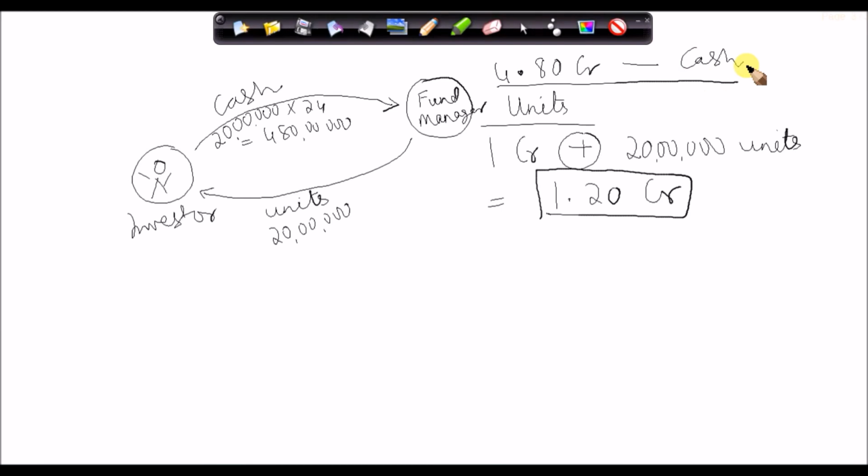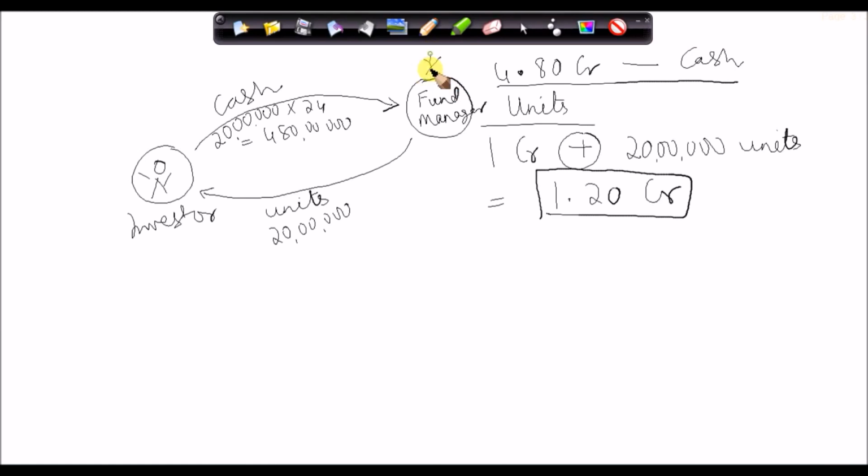So one more time I will discuss this. There is an investor, and this investor is going to give cash to the fund manager, and the fund manager is going to sell the units to the investor. So the fund manager is selling 20 lakh units, and in return for these units at the rate of 24, that is 4 crore 80 lakhs, the fund manager has in hand.